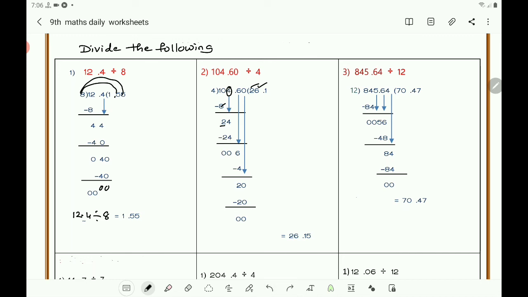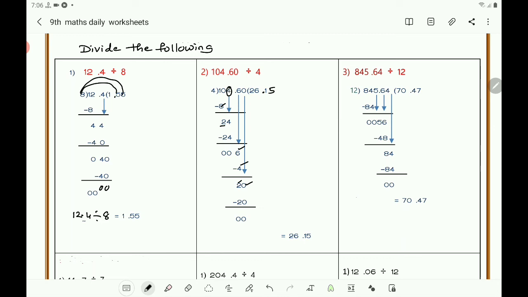Then you take the next digit 6. Take 6 down. That is after the decimal point. So you put the point here. Then 4 1s are 4. 6 minus 4 you will get 2. Then next you take 0. Here you have taken the digit after the decimal point and you take 0, and you know that 4 5s are 20.